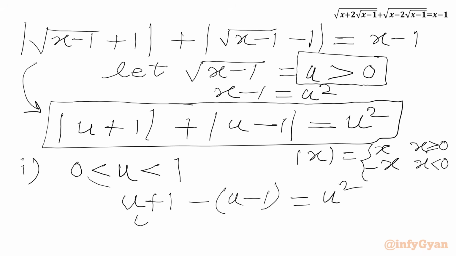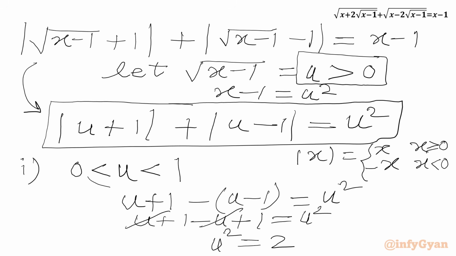Now we will expand this. u plus 1 minus u plus 1 equal to u square. Now plus u and minus u will be over. We will write u square equal to 2. So we are going to get u equal to plus root 2, u equal to minus root 2.